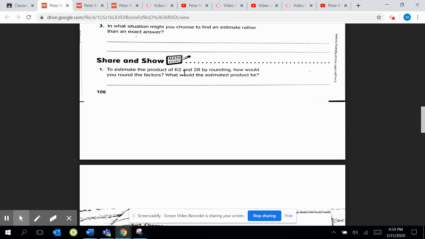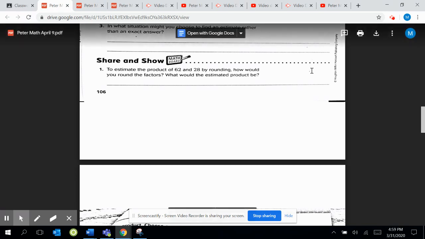Would become 60. And 28 would become 30, right? And then you do 60 times 30, or 6 times 2, and 6 times 3, and that is 18 with how many zeros? All right?